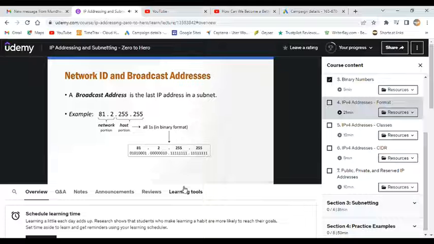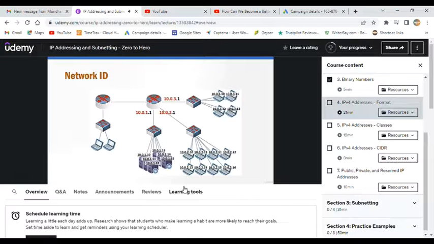Now let's look at some examples. The right part of this network is actually the same network from our previous example, but now we've added one router, which gives us 2 additional networks. We have this network between the 2 routers and this small LAN with 2 laptops. We're going to describe these 2 networks with their network addresses or their network IDs.